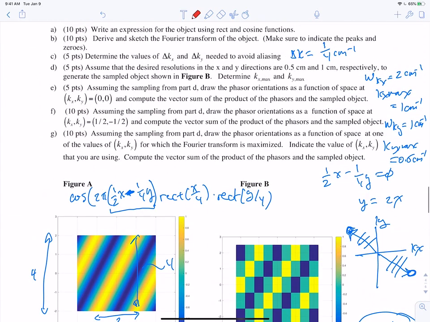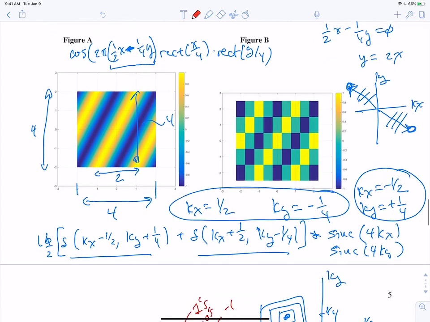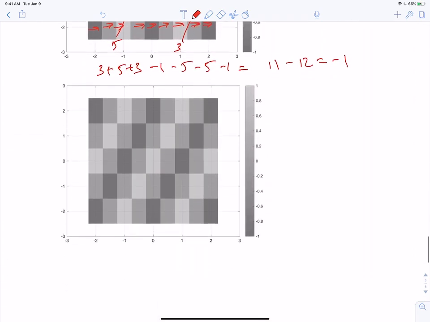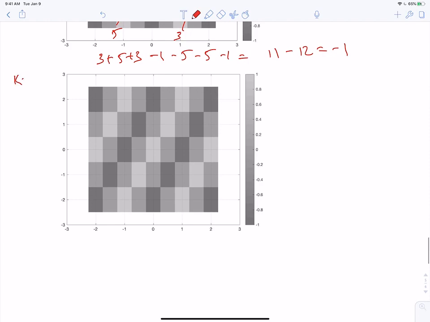And then here we're given kx equals 1/2, ky equals minus 1/2. This is a period of 2, right? They both have a period of 2. So typically I would do these problems by starting off at the isocenter and drawing that.